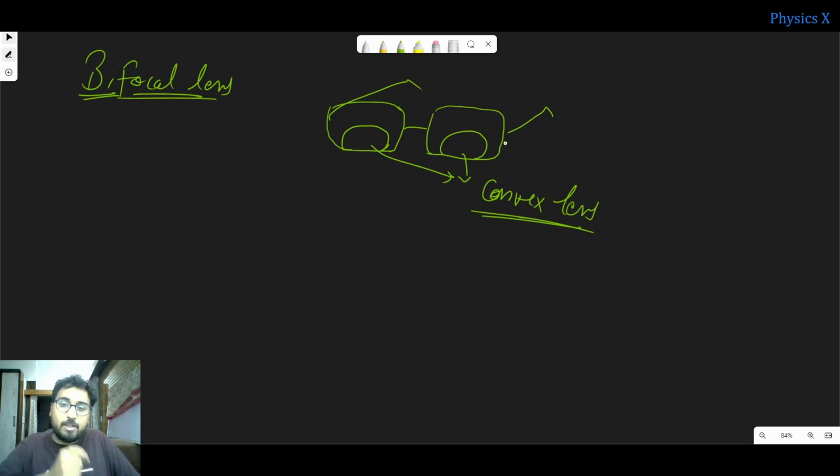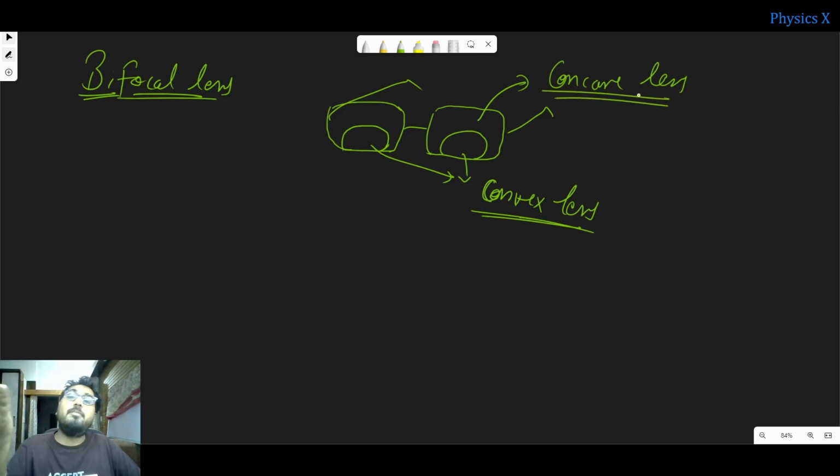Nearby things will be read through this convex lens for the hypermetropic condition, where only faraway objects are visible. So it will be corrected by this, and the upper lens is taken as a concave lens. This lens will be used when the object is very far away, and for myopia we will be using this concave lens.